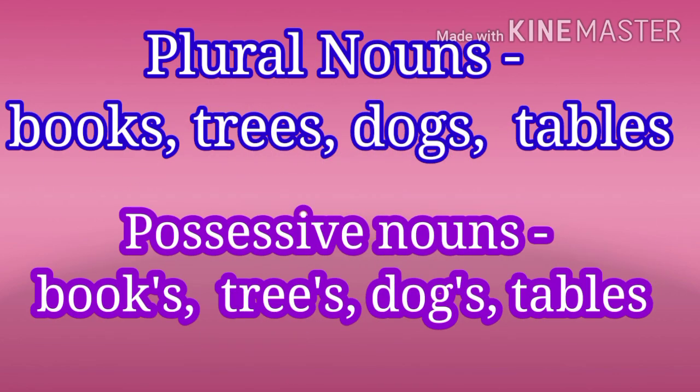And possessive nouns are nouns written with an apostrophe. Is that clear to you? So how do you form possessive nouns from singular nouns? Can you give me a few examples of singular nouns?